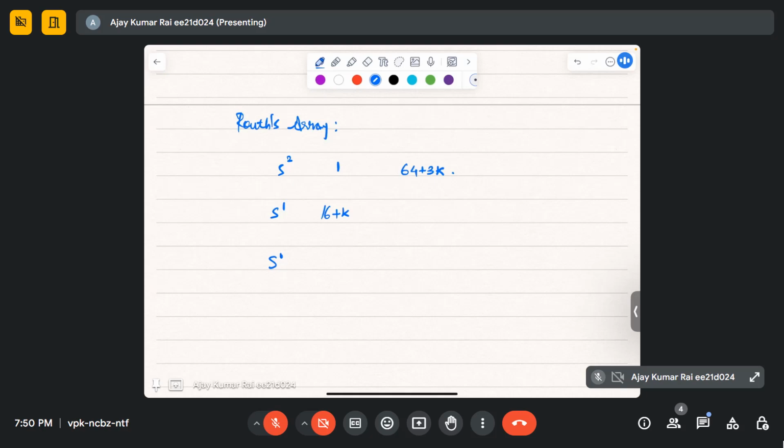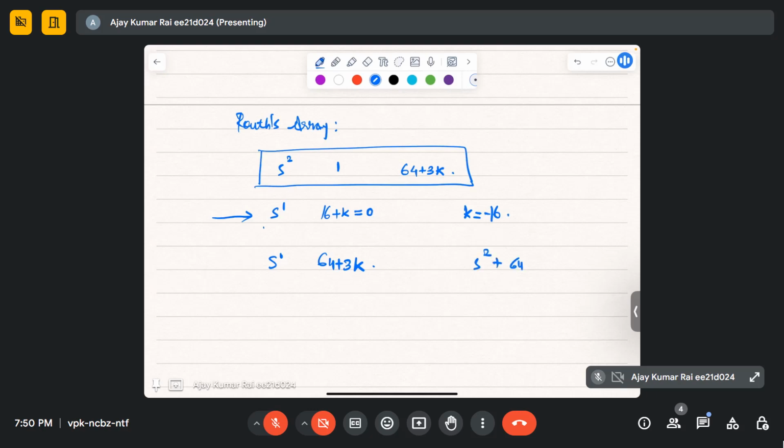If you fill this, you'll get 64 plus 3k here. If this row is equal to 0 at k equal to minus 16, then we take the auxiliary equation by using the row above, so s square plus 64 plus 3k equal to 0, and we put the value of k here.